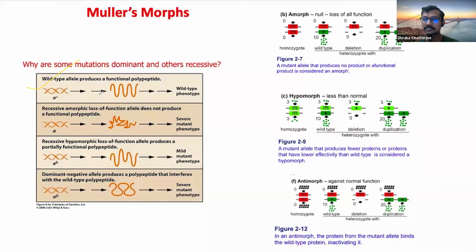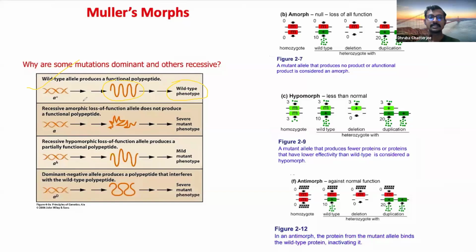Let's say the gene product is a protein, for example an enzyme that catalyzes one particular chemical reaction and therefore leads to a certain phenotype, because that biochemical reaction is necessary for giving rise to that phenotype. So the wild type allele gives rise to a functional protein which catalyzes one particular biochemical reaction, and that's why there is this wild type phenotype.